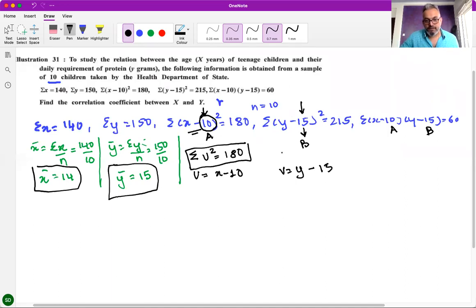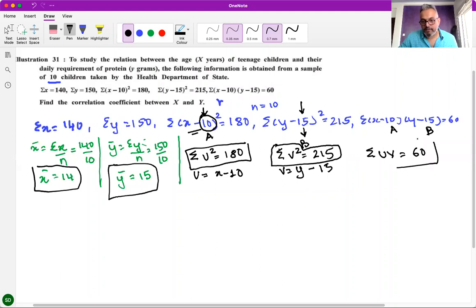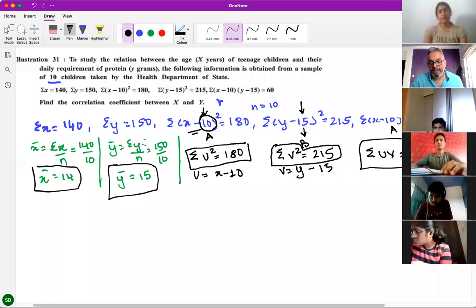This is sigma v square, which is equal to 215. So I highlight this, and this is sigma u into v, which is equal to 60. So we have sigma uv, we have sigma v square, we have sigma u square, but what we don't have is sigma u and sigma v. Agree with me?